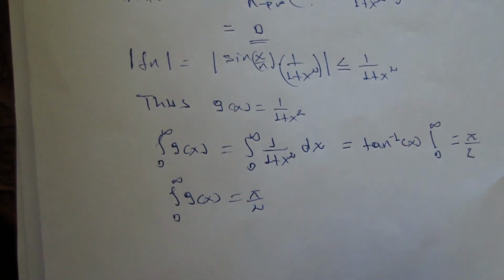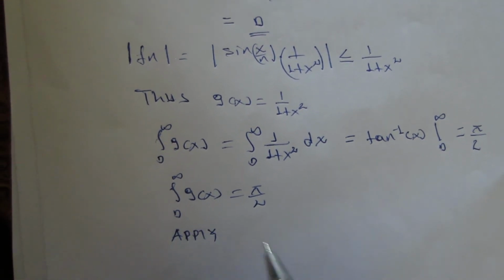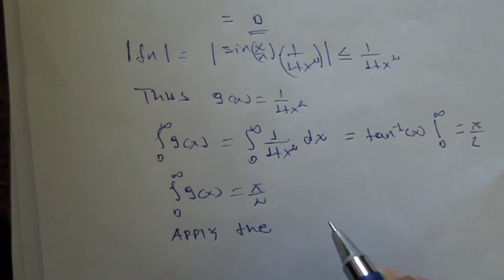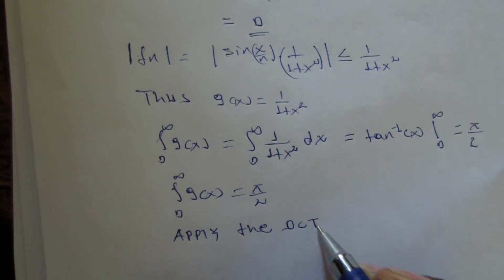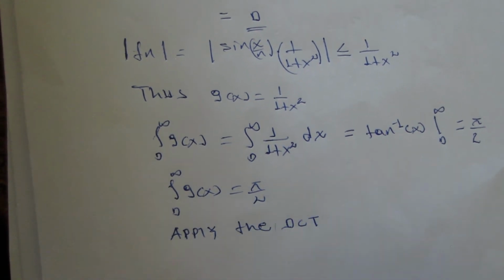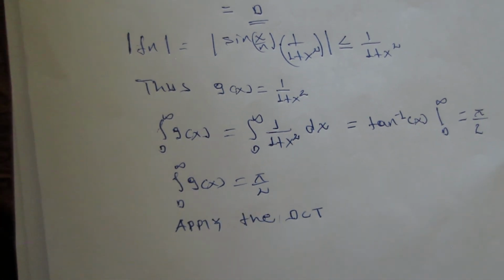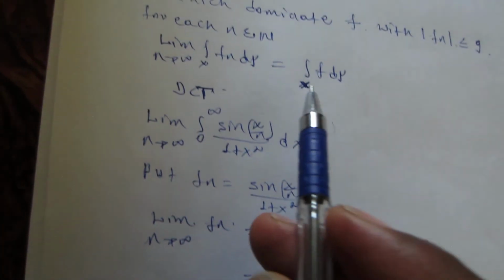Thus now let us apply the Lebesgue dominated convergence theorem, also known as DCT, the dominated convergence theorem. You may add the L here or not. Actually, now let us apply the DCT. We have discussed the concept of DCT over there.